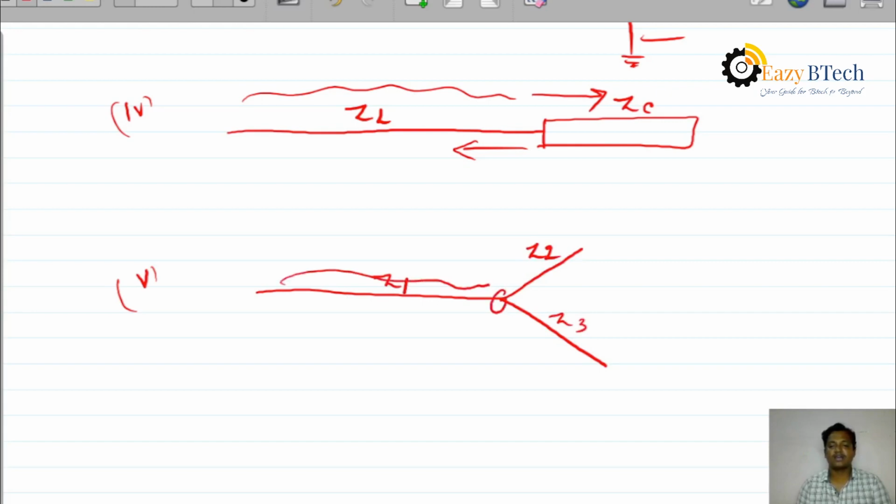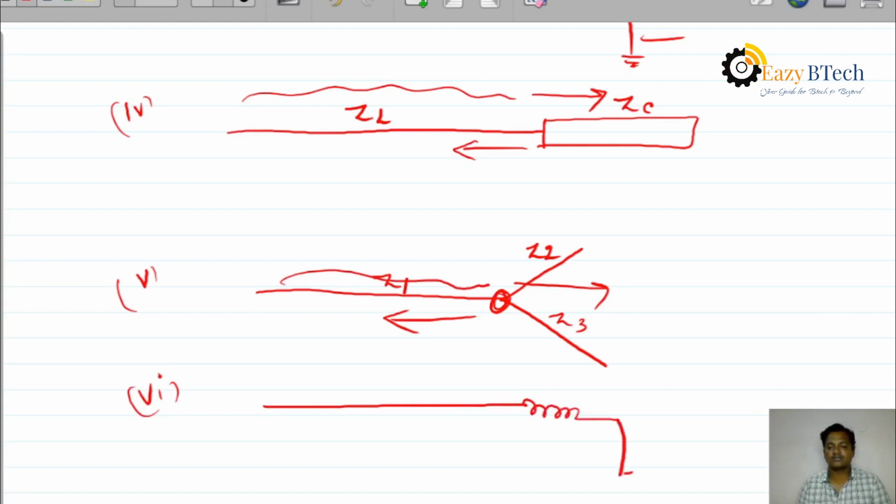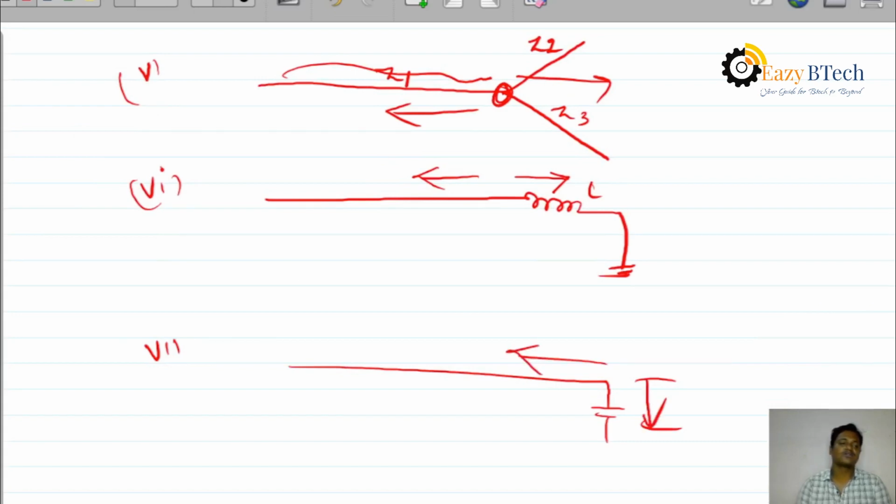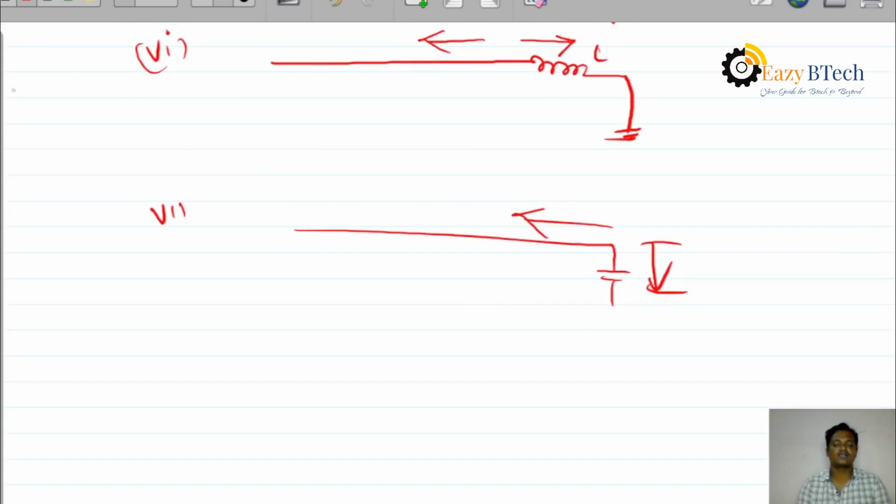If you have a junction, how much is transmitted, how much is reflected? In the sixth case, we take the transmission line connected to an inductance. How much of the surge flows into the inductance and how much is reflected back? And in the other case, the transmission line is connected through a capacitor. How much is transmitted, how much is reflected back? Those are the cases we will discuss here.